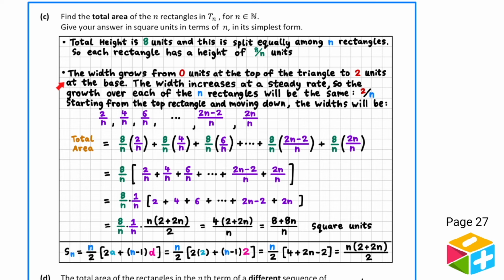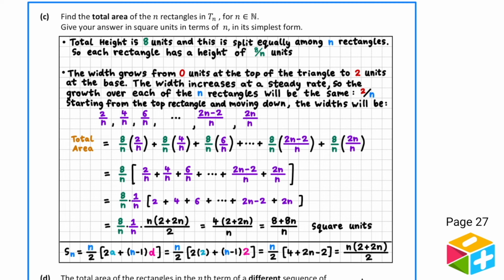Since the width will increase at a steady rate, the growth over each of the n rectangles will be the same. Starting at the top of the triangle and moving our way down, each successive rectangle will have a width that's 2 over n greater than the previous rectangle.